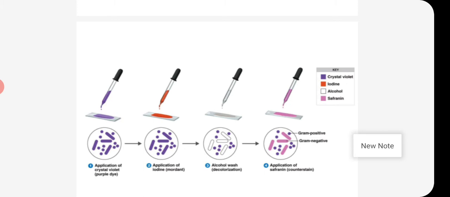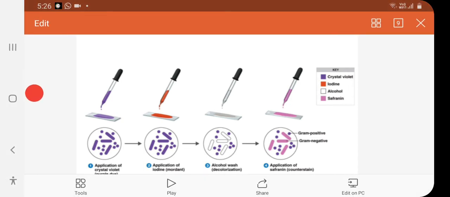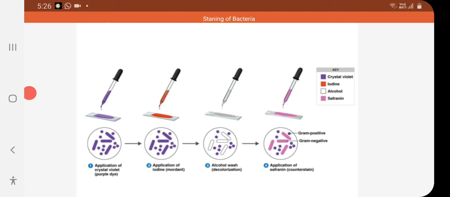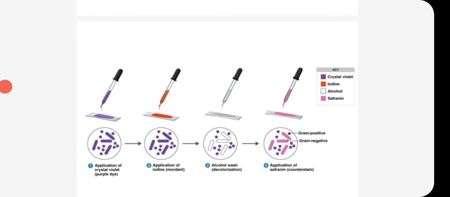That's why gram negative bacteria lose the bluish purple or violet color, whereas gram positive bacteria retain the bluish purple or violet color, and are said to be gram positive. The group of bacteria which lose the purple color are called gram negative bacteria. They appear pink in color because they retain only safranin.